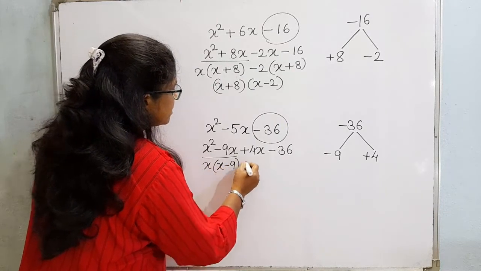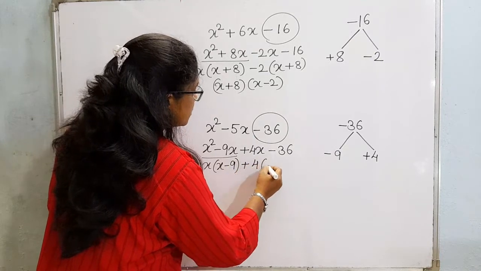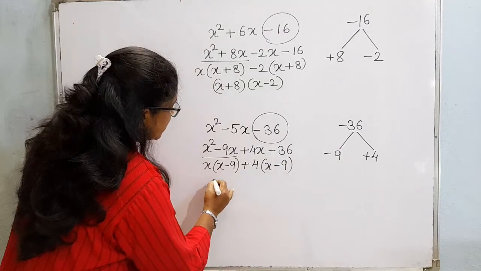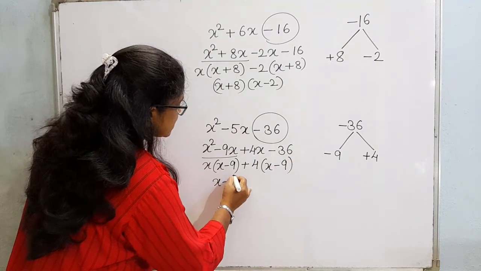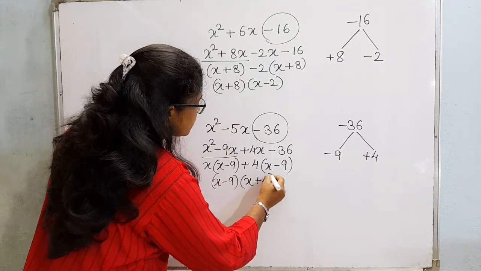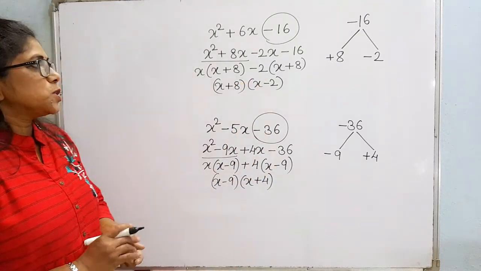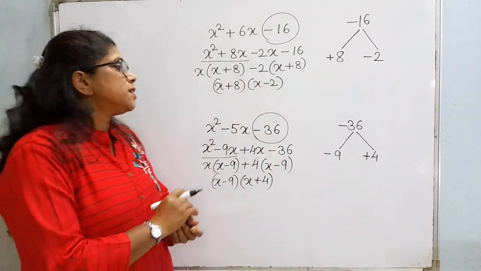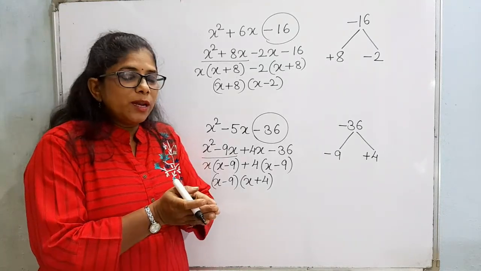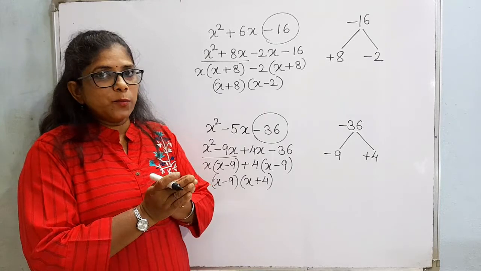X minus 9. From here plus 4. X minus 9. Common bracket is x minus 9. X plus 4. So this is how we factorize the trinomial by splitting the middle term.